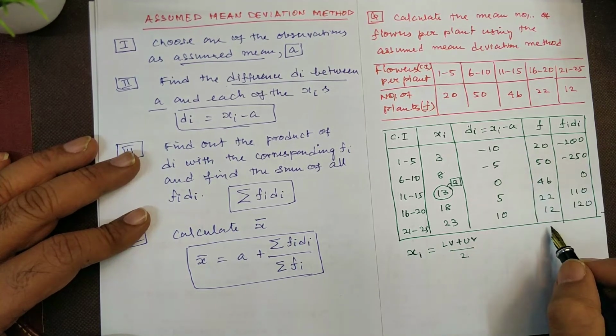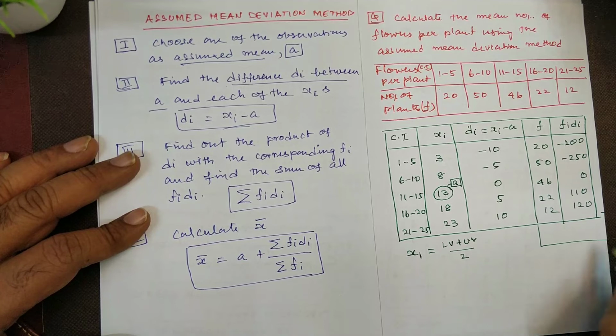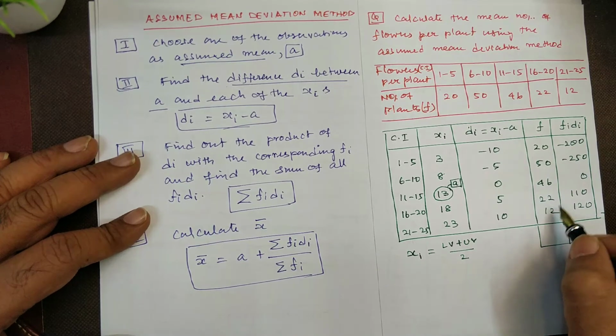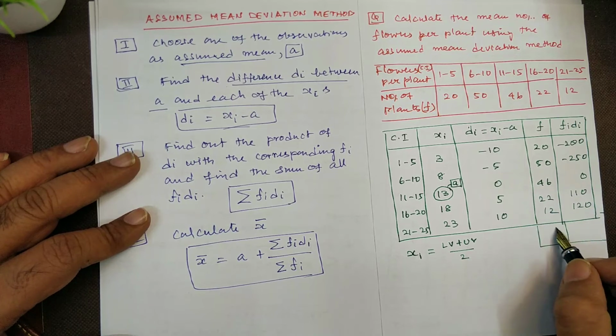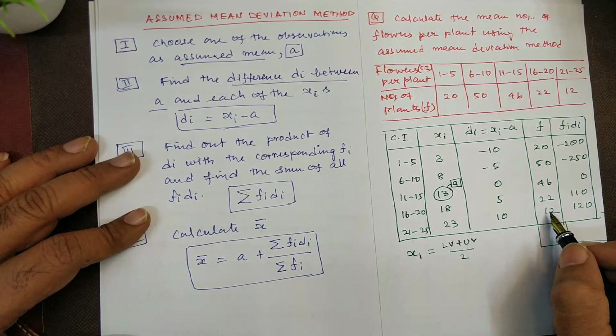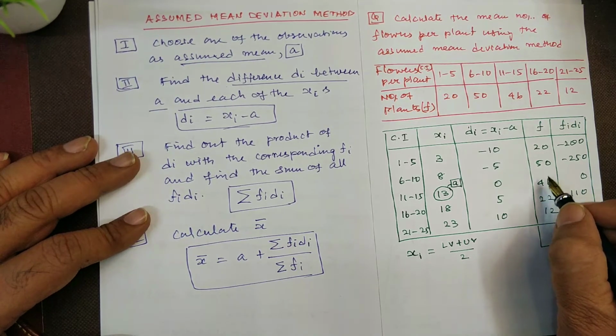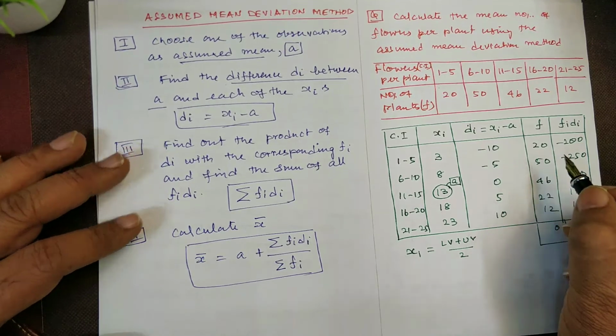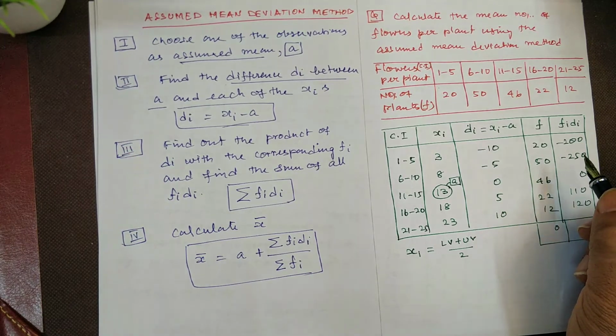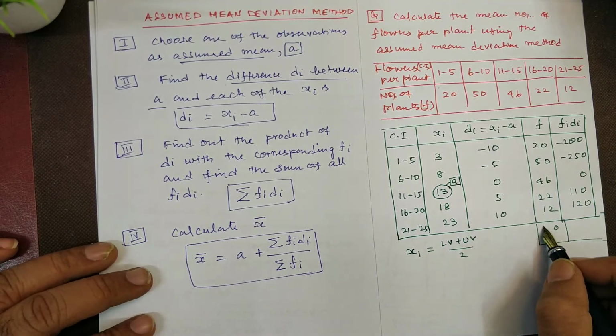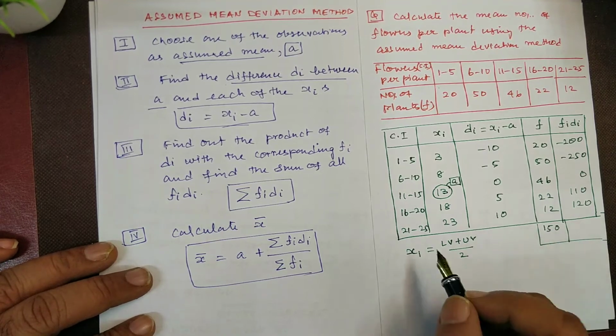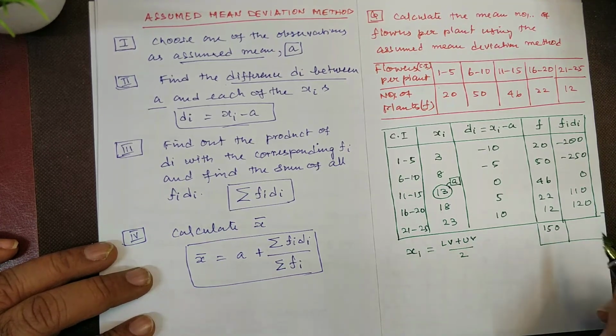Now let us add. The total frequency is 150, the total number of plants.